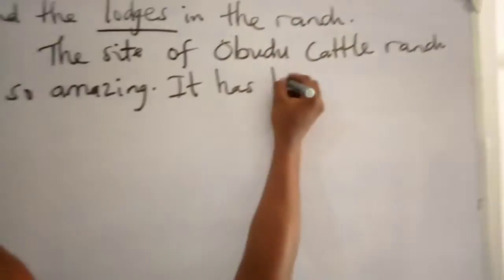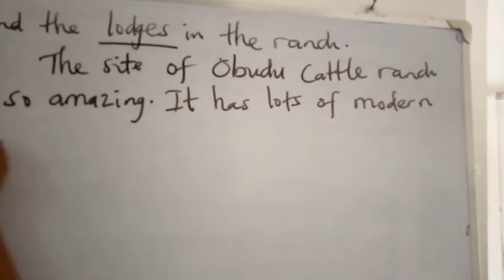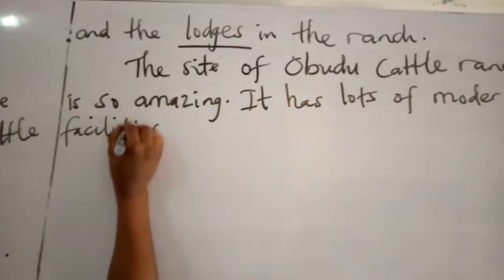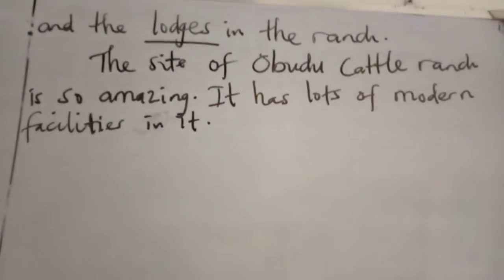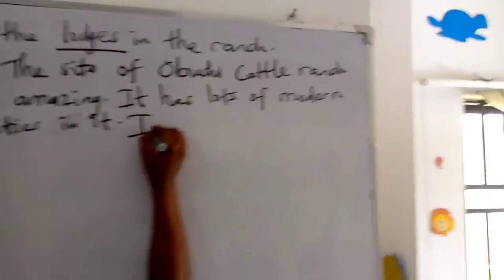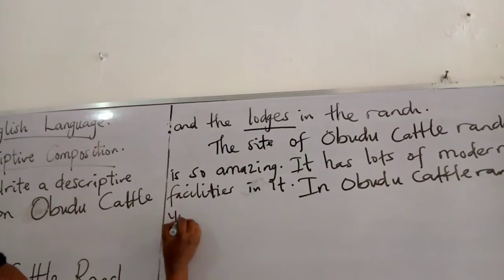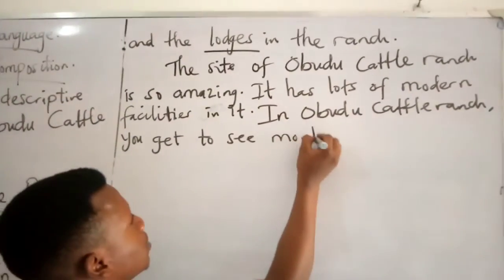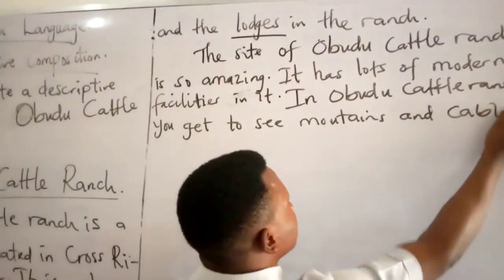It has lots of modern facilities in it. In Obudu Cattle Ranch, you get to see mountains and cable cars.